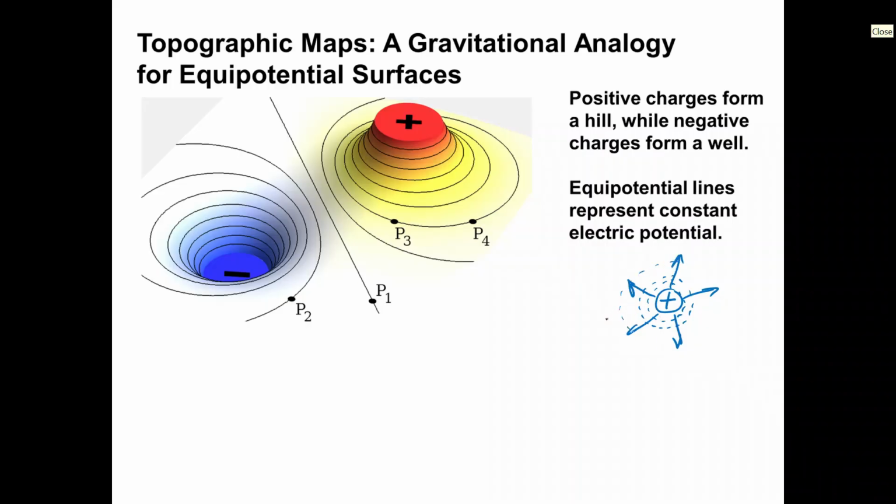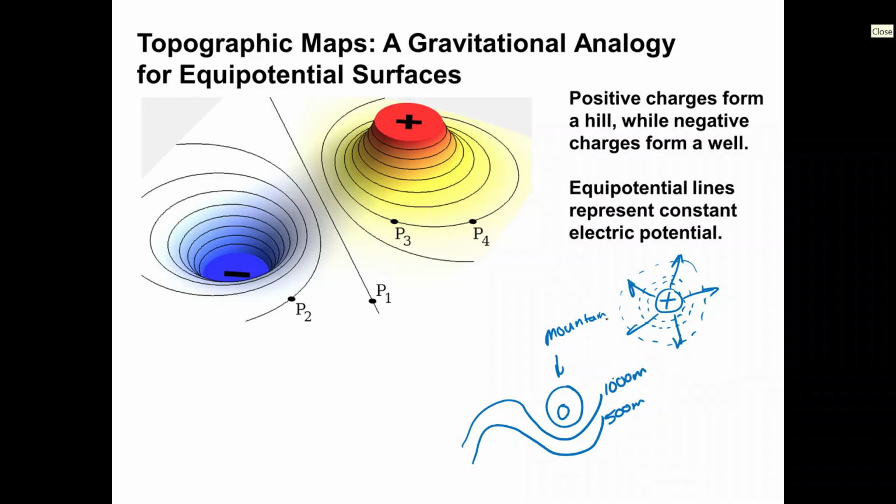And they got further spaced out the further away you go. Picture these as a topographic map. If you have a topographic map, you might have ridges, and this might be the top of a mountain, because this might be 500 meters, this might be 1,000 meters. So this is 1,500 meters. So that is showing you like a mountain peak.